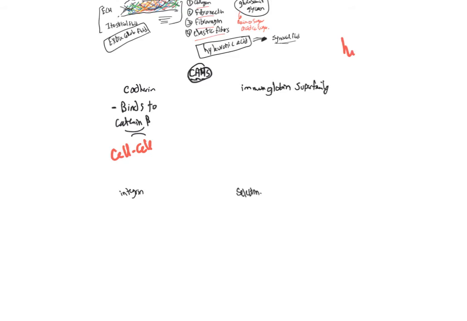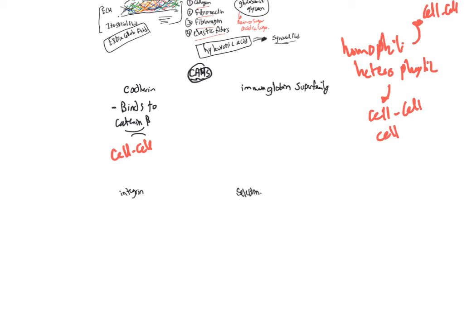There are homophilic CAMs, and there is heterophilic. So the difference between them: for the homophilic, most likely it's cell-to-cell adhesion. Okay, so it's cell-to-cell adhesion. For heterophilic, it could be cell-to-cell, or also it could be cell to the extracellular matrix.